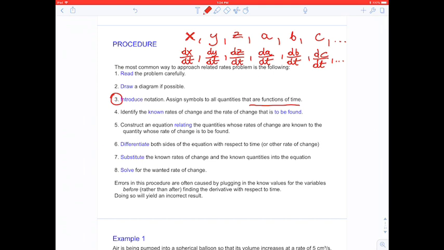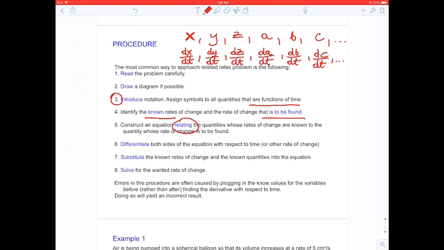Okay, the next point is we have to identify what is known, what is given, and what is required. Which rate is given, which rate is required. Now, having all of these quantities, x, y, z, any other, we have to try to make the relation. We have to relate them, which means we have to find an equation that is connecting both of them or more of them.